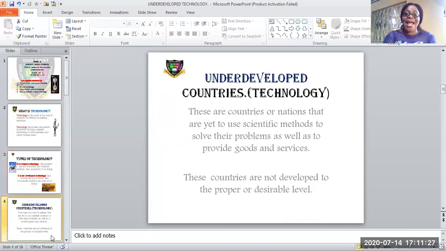Now, the next slide talks about underdeveloped countries. Remember, underdeveloped technology is associated with underdeveloped countries. Why? They do not use scientific methods to arrive at their goals.